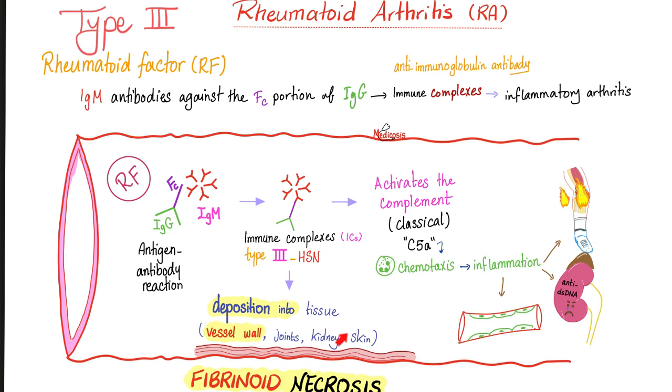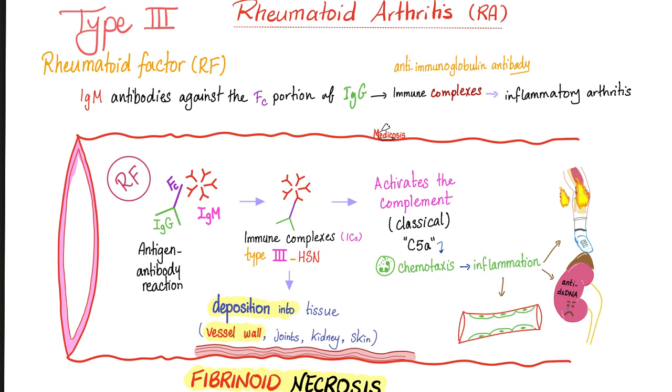Stop wondering why we have skin involvement in cases of rheumatoid, lupus, scleroderma, etc. It's here, baby. Moreover, this antigen-antibody complex that's floating freely in the circulation can activate the classical complement pathway, giving you the famous C5a, which is famous for chemotaxis, which means neutrophils are coming, causing all kinds of inflammation.